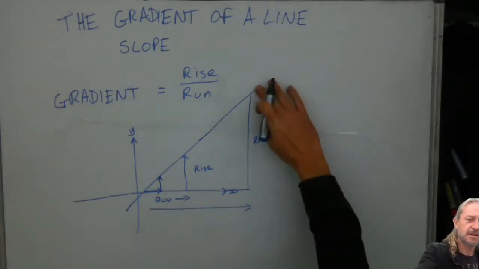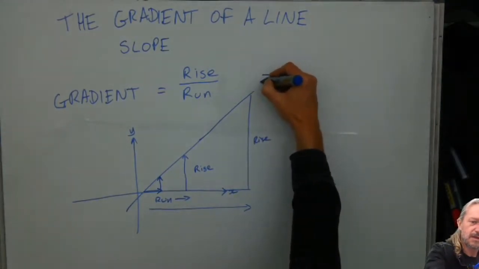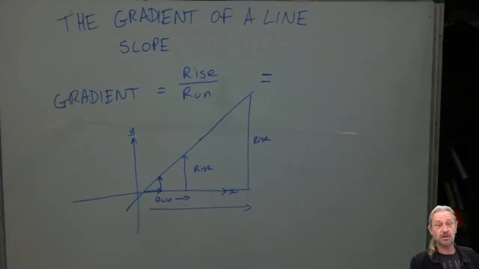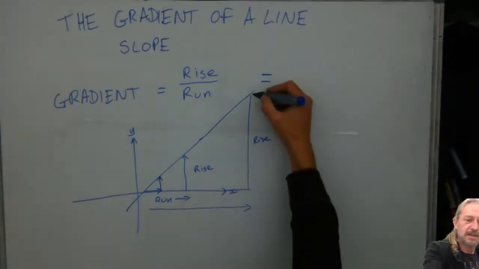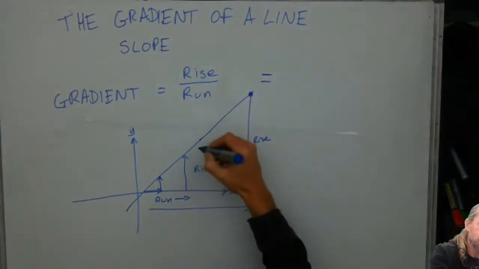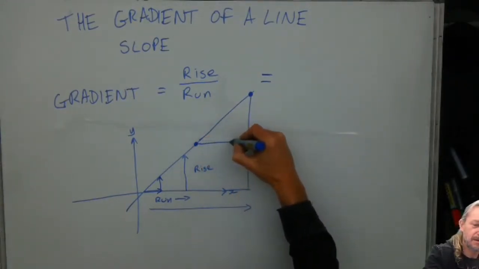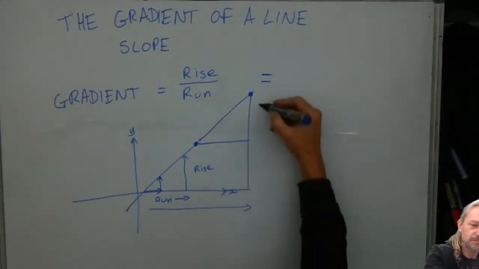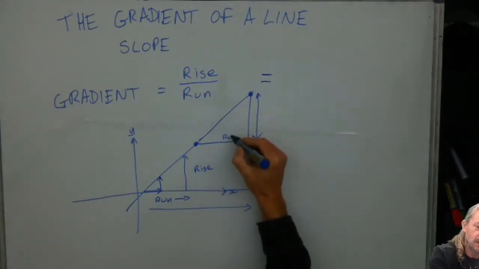So there is also a formula, and this is what we're essentially going to be using a lot. Basically, if you know this coordinate and say this coordinate, it allows us to work out that rise over that run.